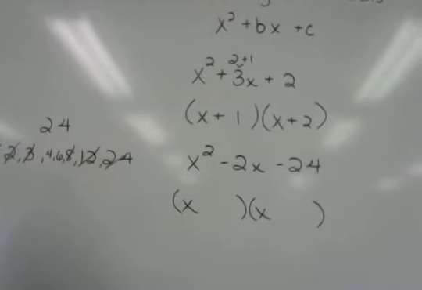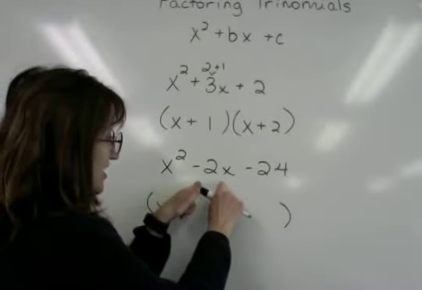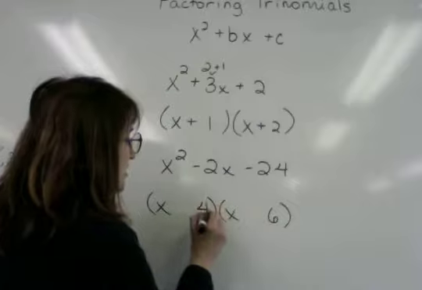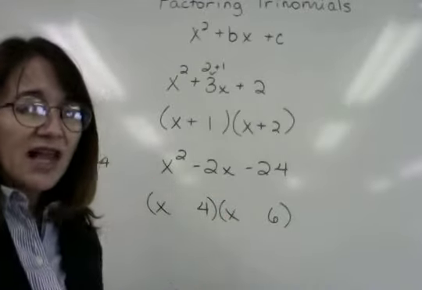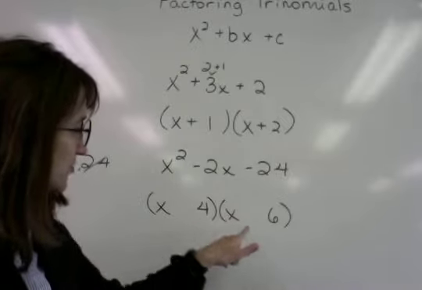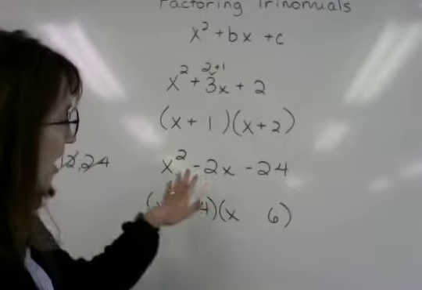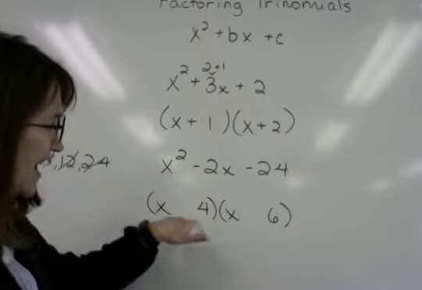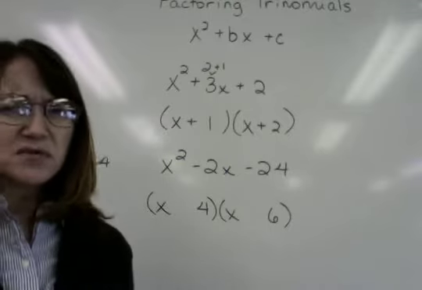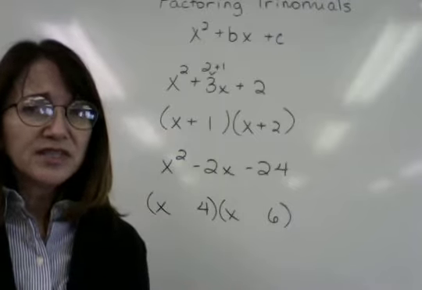So if I want the 4 and the 6 to be negative, and I want just a -2 in the middle, then you've got to kind of think, and we've got another table that's helping us. If I want that last one to be negative, then that's telling me if I'm multiplying these two together, my signs have to be different. This is also telling me, if I want to add these two together and end up with a -2, then my absolute value highest number needs to be negative.